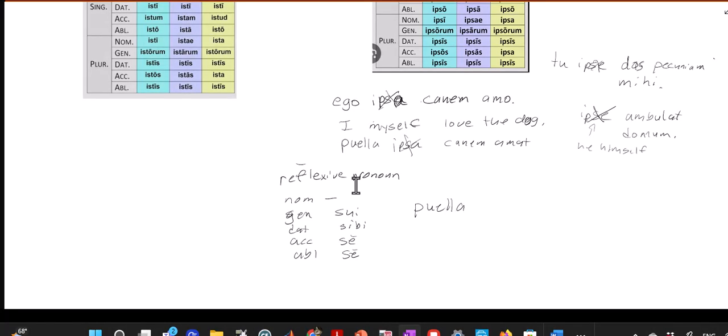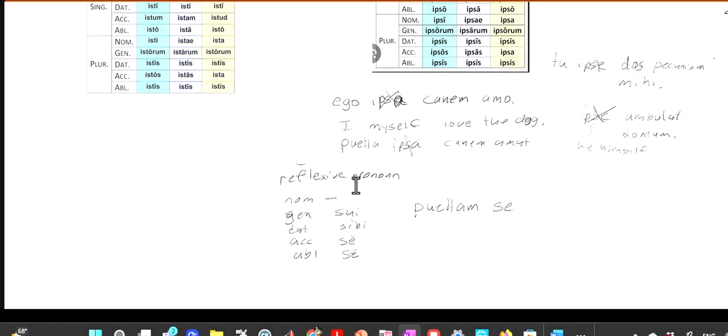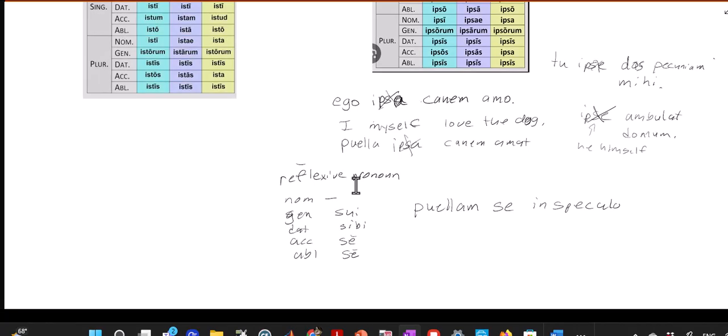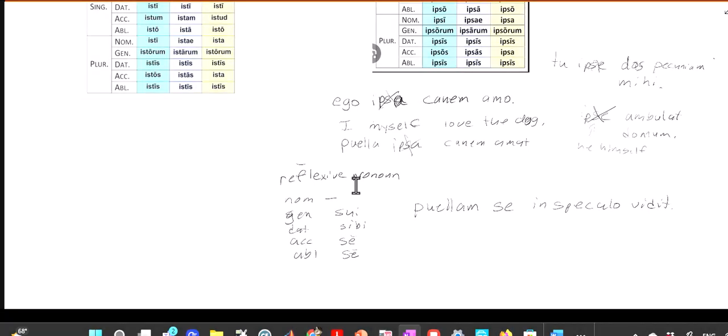So puella se in speculo vidit. The girl saw herself in the mirror.